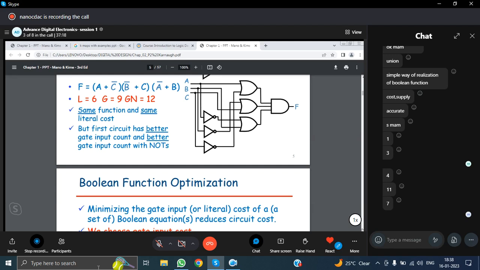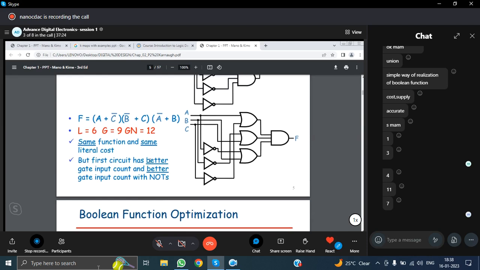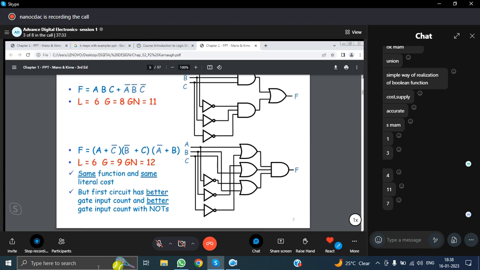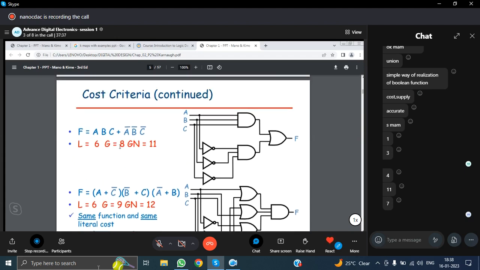Okay, so see here, same function and same literal cost. But the first circuit has a better gate input count, and a better gate input count with NOTs. Here it is 9 and 12, and here it is 8 and 11. So I will consider this circuit only.